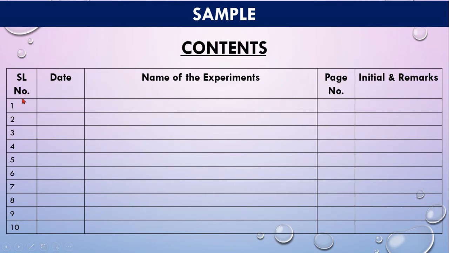Here you can find the serial number, date, name of the experiment, page number, and initial remarks. You have to fill up the date, name of the experiment serially, and the page number as well. The initial remarks will not belong to you. Teachers will fill up this part after examining the practical copy.